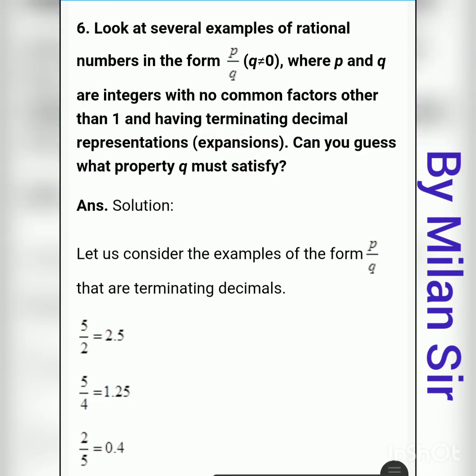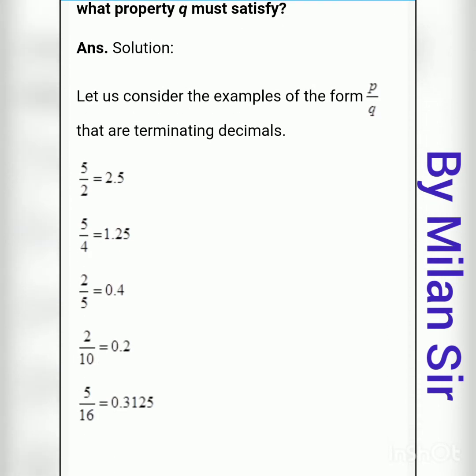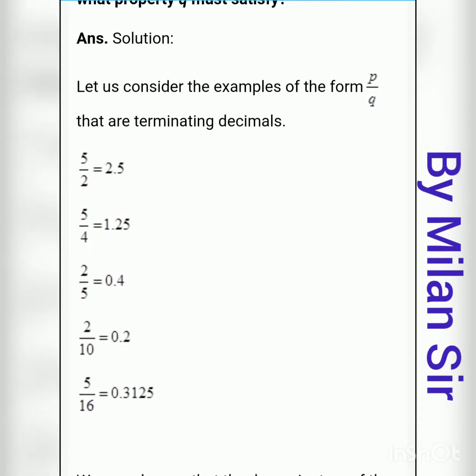Again, read this question. Look at several examples of rational numbers in the form of p by q, where p and q are integers with no common factor other than 1 and having terminating decimal expansion. Can you guess what property q must satisfy?